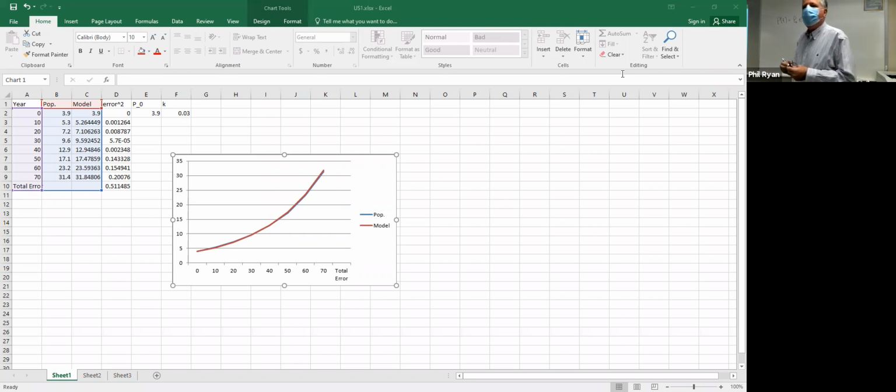Everyone remember that? Okay. So there's two parameters. You've got to have a starting point, P naught, so that's kind of like the y-intercept in this case, and k is the growth rate.